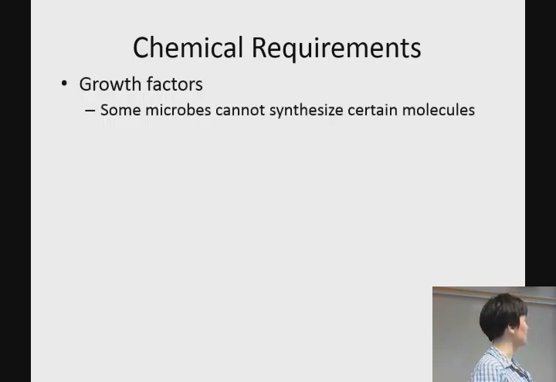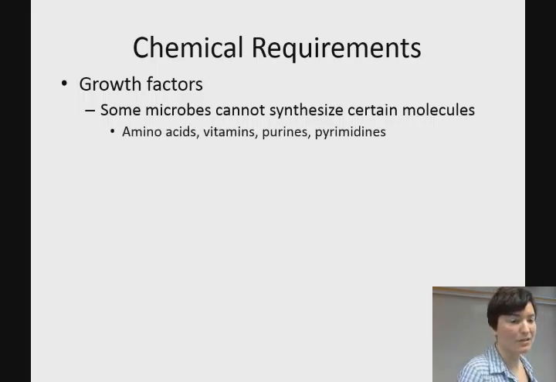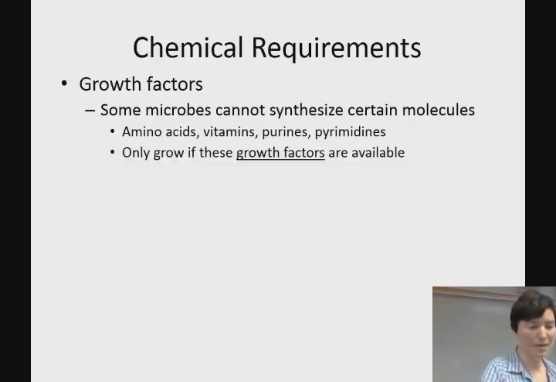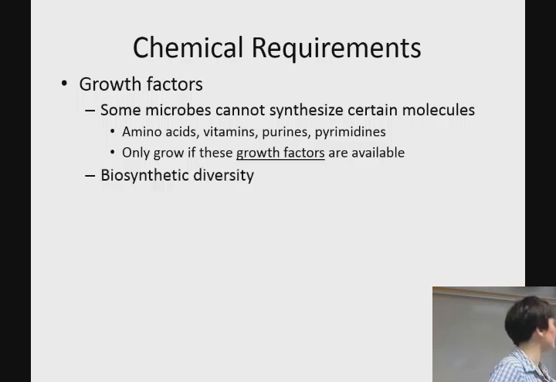Growth factors are anything that you cannot make yourself, that you just need to have provided in the media. And a lot of microbes can't make certain things, but those things can be different depending on the species. So there's certain amino acids that they can't make from scratch, certain vitamins, certain components of the nucleic acids that they may not be able to make and have to just be in the food. And those, by definition, just means they're things that if they're not provided, then the organism won't grow.